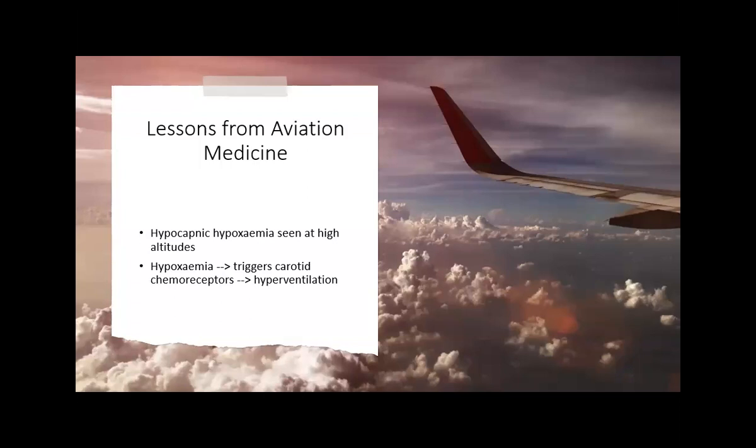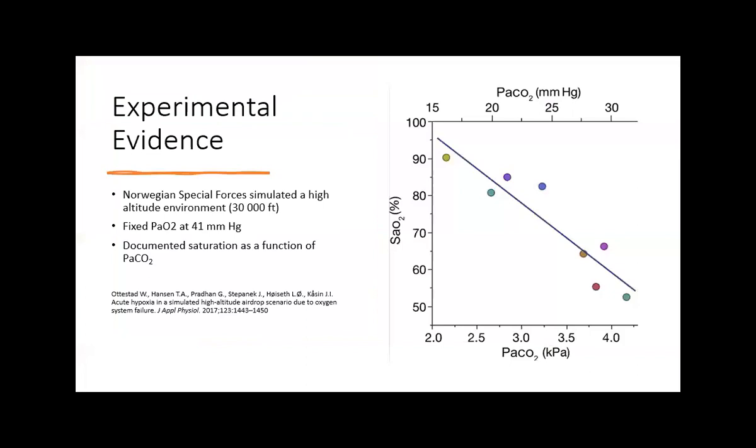And then if we look at the studies that they have done in the Norwegian Special Forces, what they've done here is they've kept the saturation there. They have fixed the oxygen in this particular patient at the points over here have a fixed PaO2 of 41.